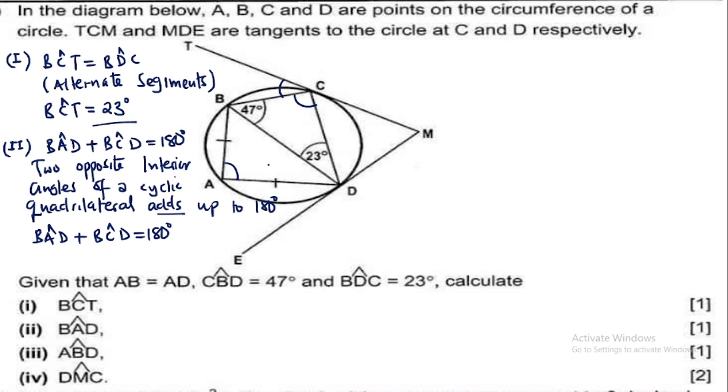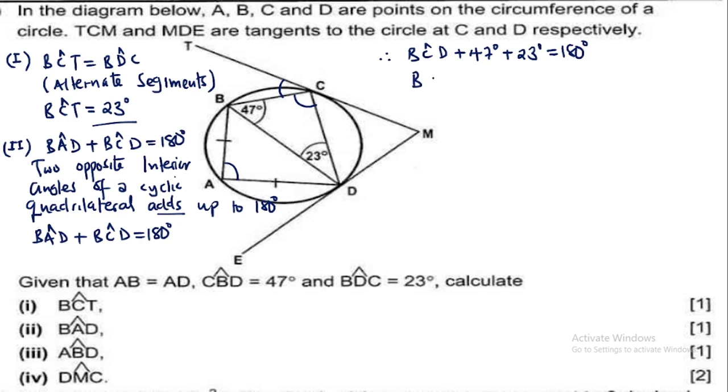But in this case, we don't have the BCD. So how do we find BCD? We'll therefore say that BCD plus 47 degrees plus 23 degrees should give us 180, because angles in a triangle add up to 180 degrees.